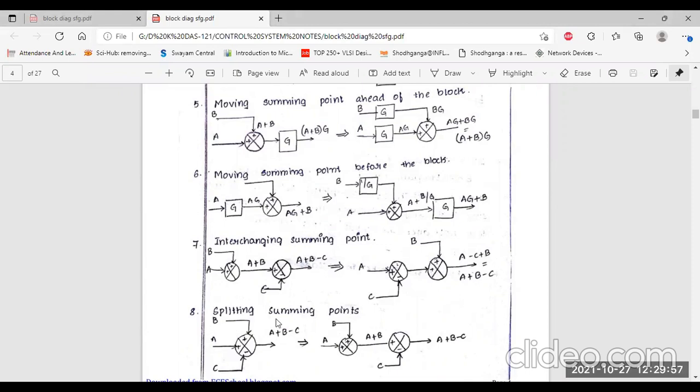So you can easily split this summing point. We have to split the summing point into two summing points. In the first one, we apply A and B, and the result is A plus B. Then another branch, that is C, is added here. It is a negative feedback loop, so you have to subtract it here. That gives A plus B minus C. So this is the basic process, splitting the summing point. Okay.